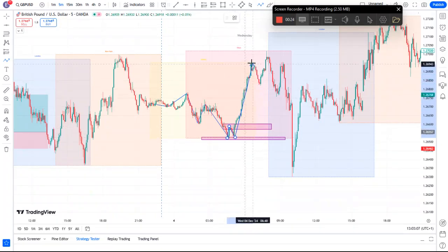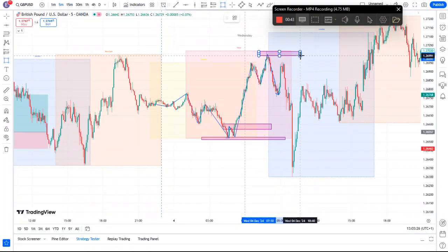And right here, you can see a little swing or a little reversal, because the market came up to this level and failed to close above it. Next, the market started going down and closed below this level right here.